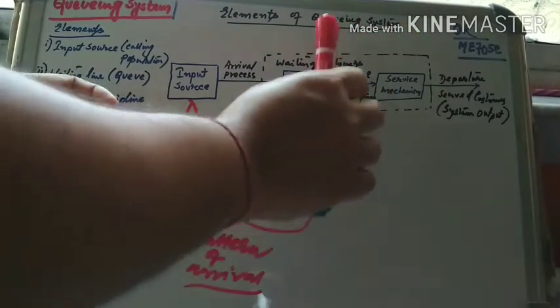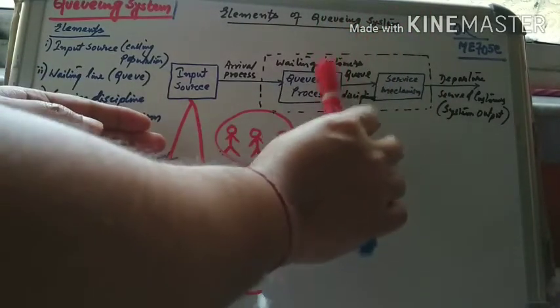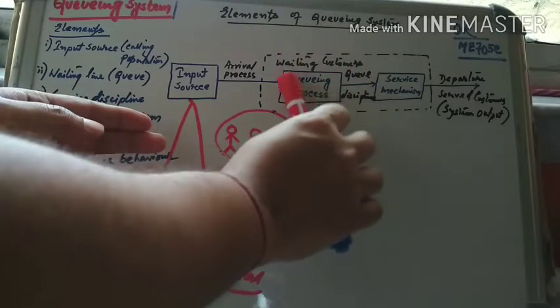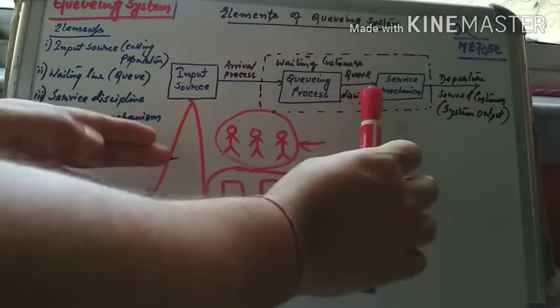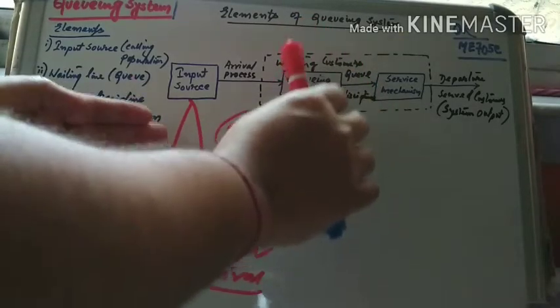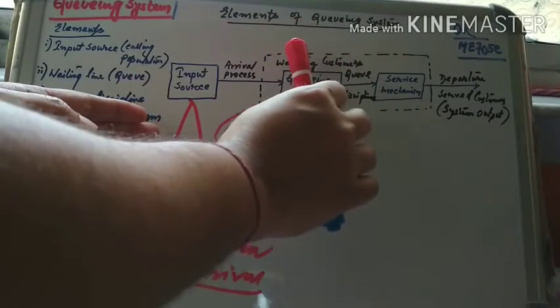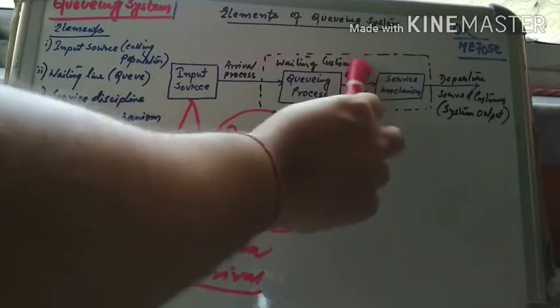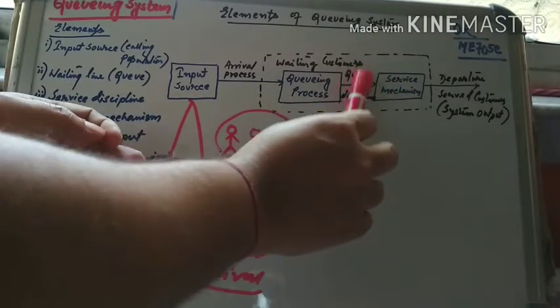The required service is performed after you are standing in a particular queue. At certain times a member of the queue is selected for service by some rule, which I have written over here as queue discipline.